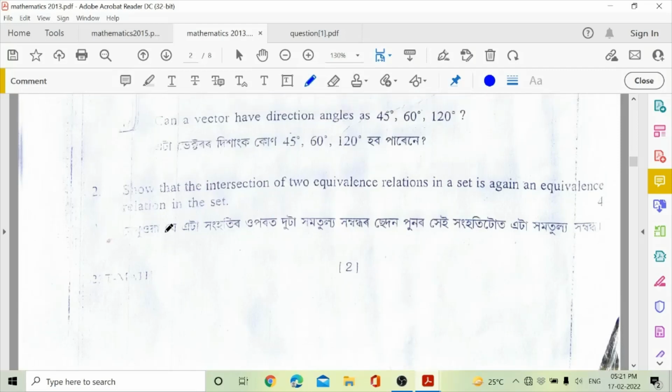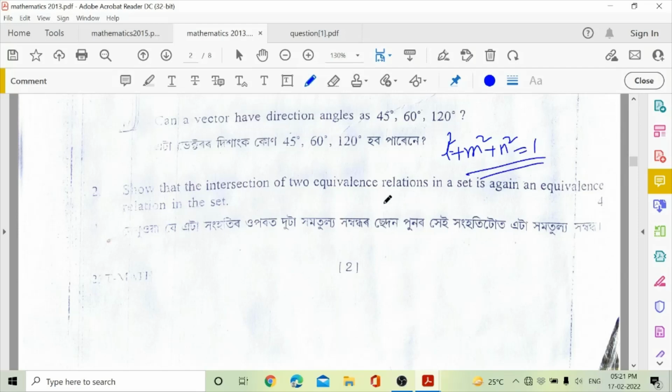Okay, what is the next question? Can a vector have direction angles as 45 degree, 60 degree, and 120 degree? Direction angles means direction cosines. To be direction cosines, what is the condition to be satisfied? l square plus m square plus n square should be equal to 1.